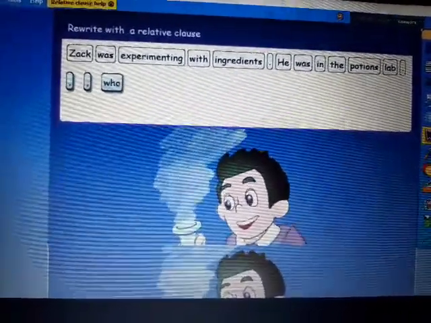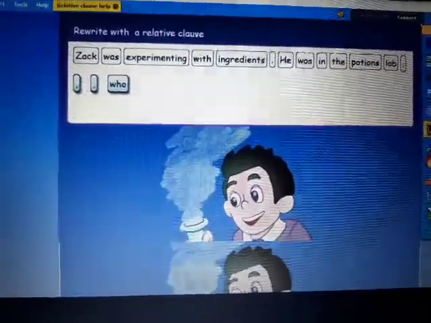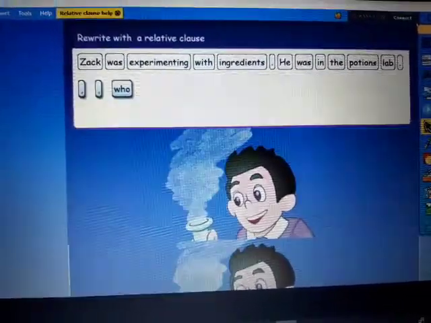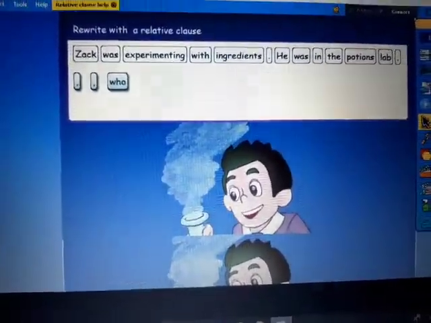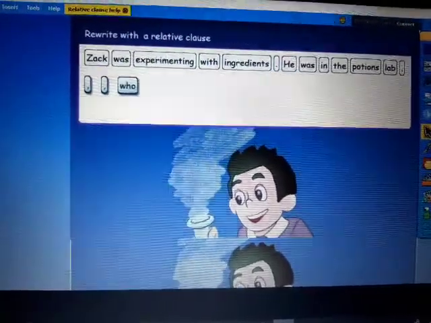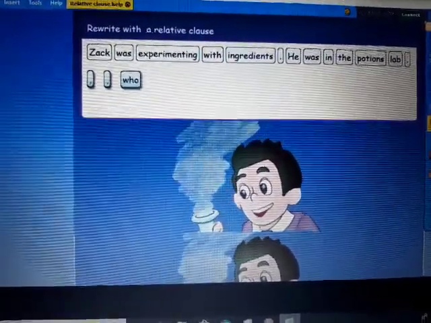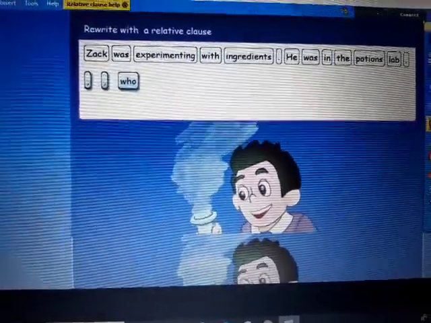He was in the potions lab. I could take the Zach was experimenting with ingredients bit and use the who with that. So I could use Zach who was experimenting with ingredients, and then I could add on the end was in the potions lab. I would need to remove the he from that second part.